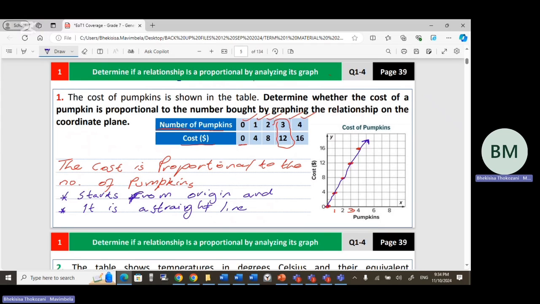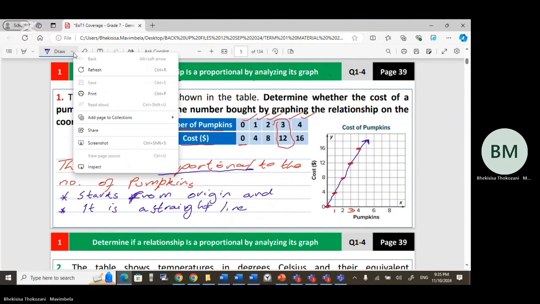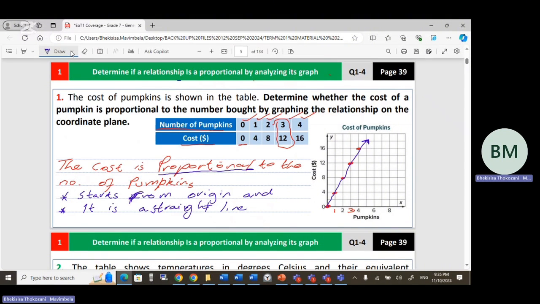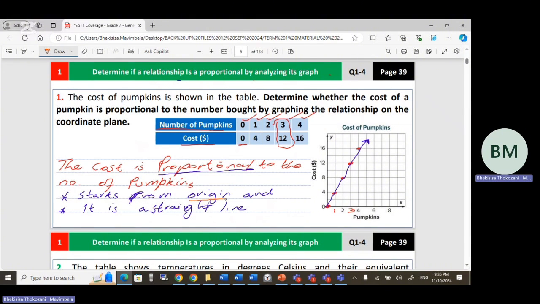So the cost is proportional. These are key words here: is proportional. And again, something very important in this question is that it starts from the origin and it is a straight line.